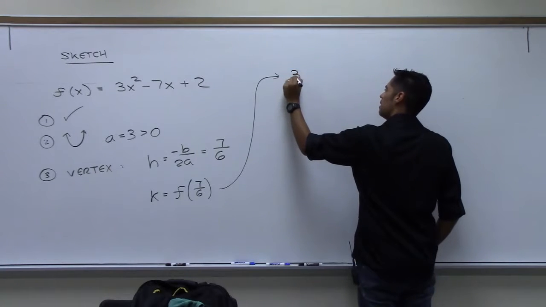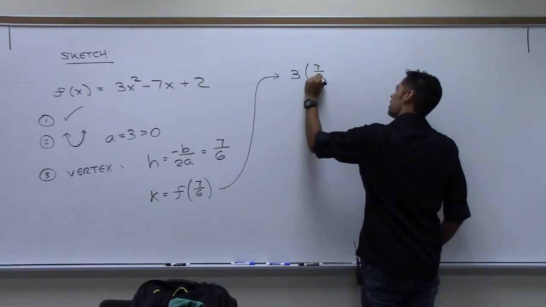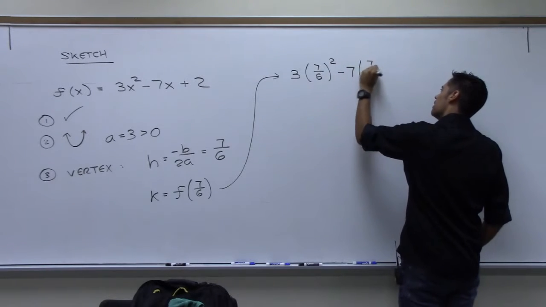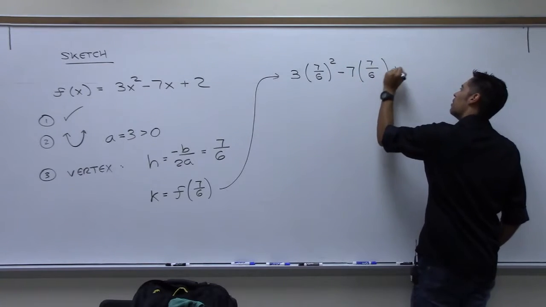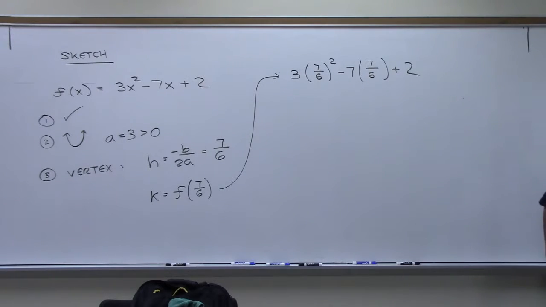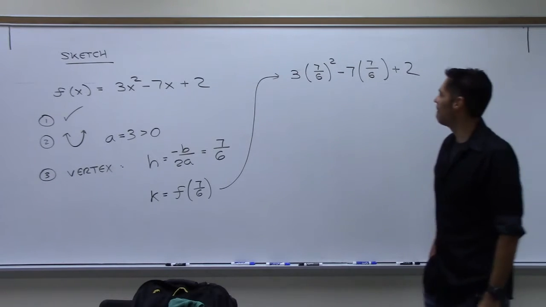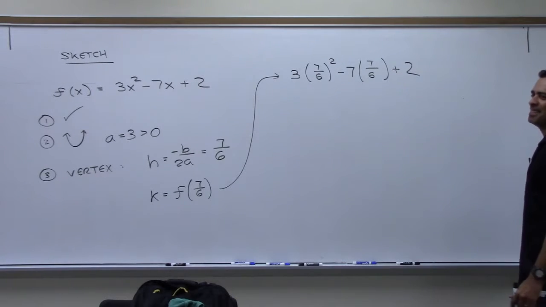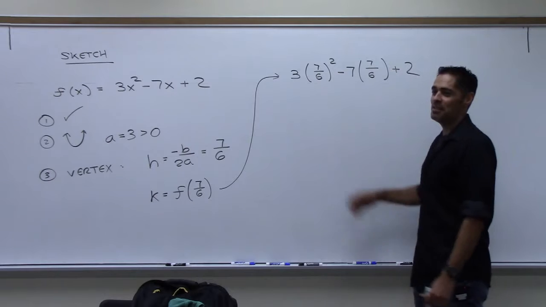It's 3 times 7/6 squared minus 7 times 7/6 plus 2. It's a mess. It's messy, right?